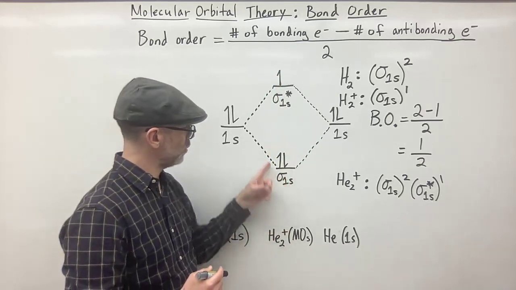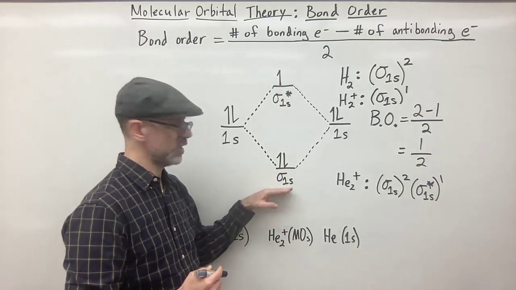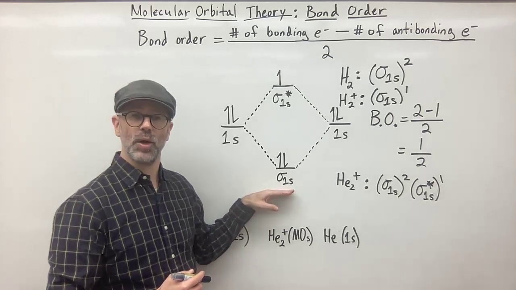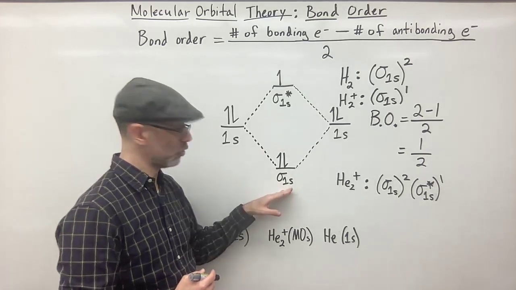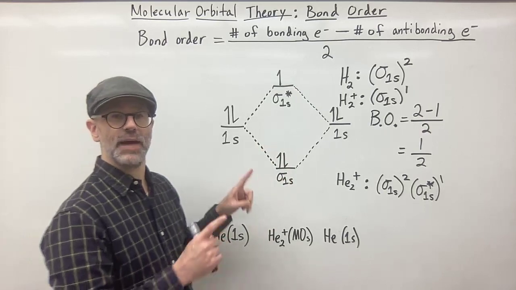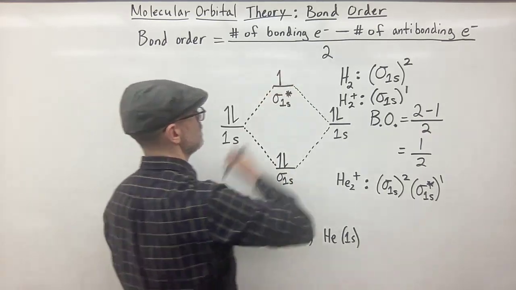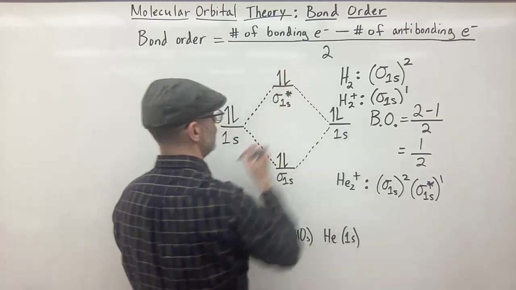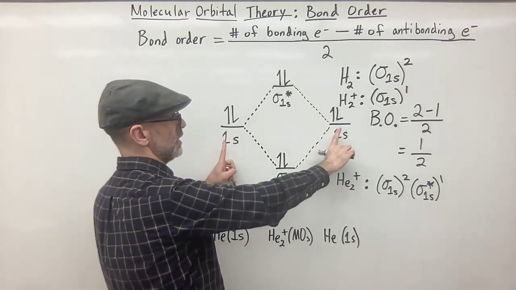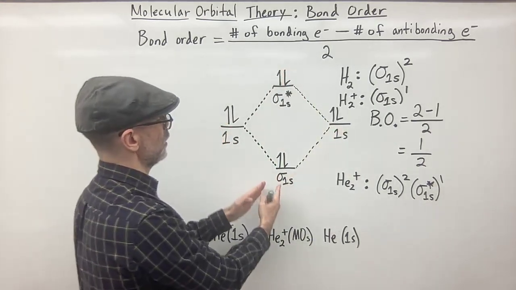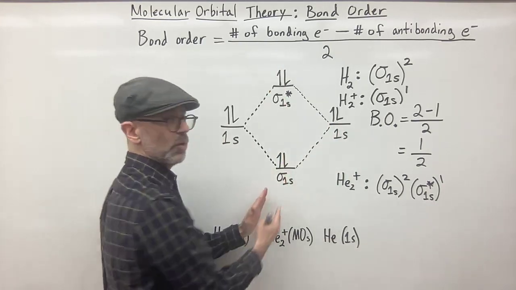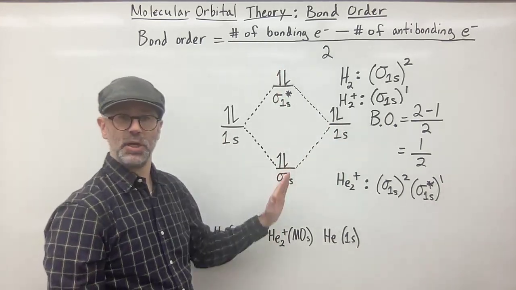So again, we're going to have 2 electrons in the 1s, in the sigma 1s bonding molecular orbital. But this time we have 2 more electrons, and we're going to fill in the antibonding orbital with 2 electrons. So the 4 electrons in the atomic orbitals are now filling in the molecular orbitals in the middle.